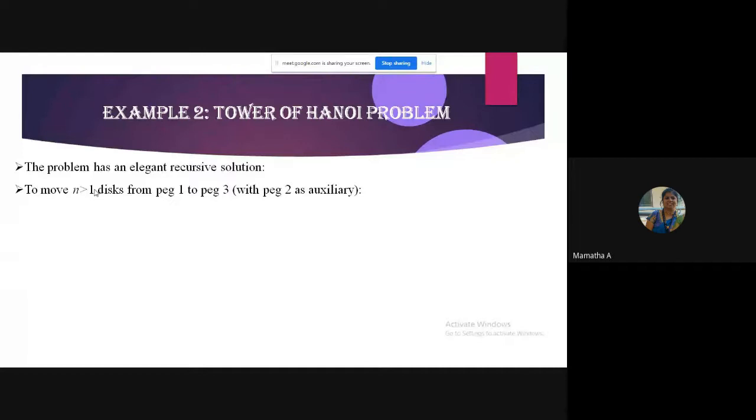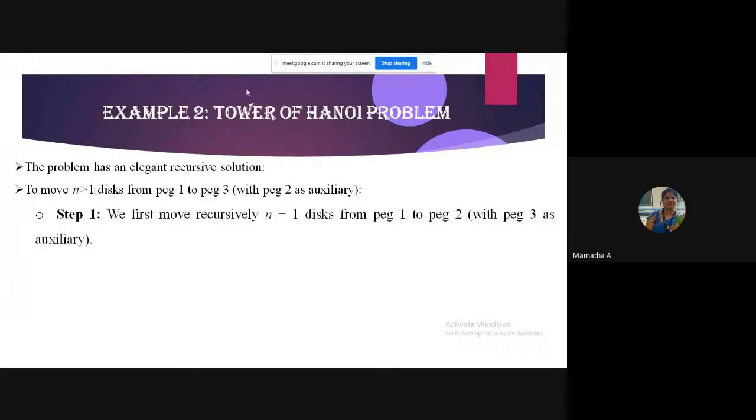If n is greater than 1, what solution do we get? What should I do in step 1? I would have told you, move n minus 1 disks, that is the topmost disks, leaving out the last one.